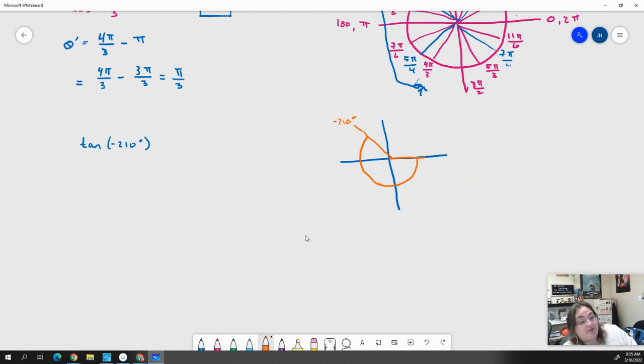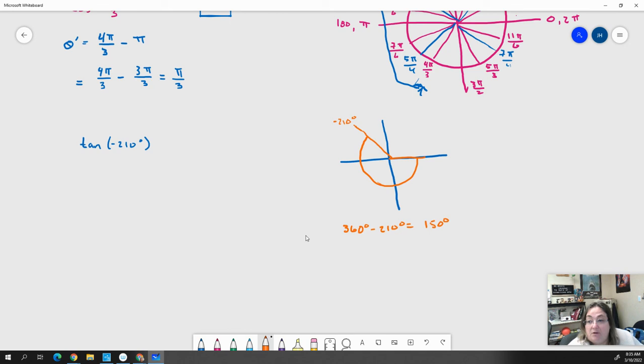And the easiest way to do that is to realize that if we add them both together, it makes 360 degrees, because it's a circle. So we can just go 360 minus 210 degrees, and we would get 150 degrees.